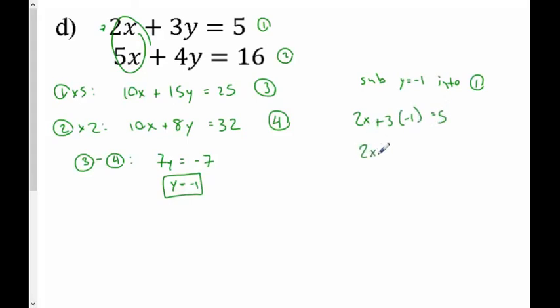So 2x equals 8. Right, negative 3, move that over, it's positive 3. So x is 4. So my point of intersection is 4, negative 1.